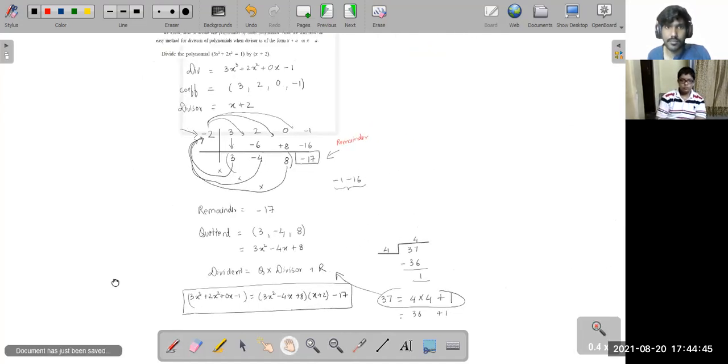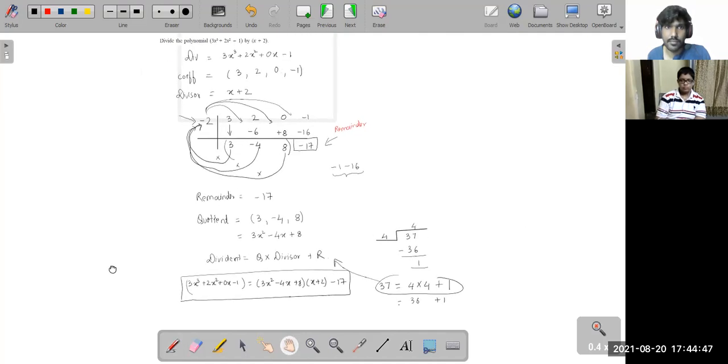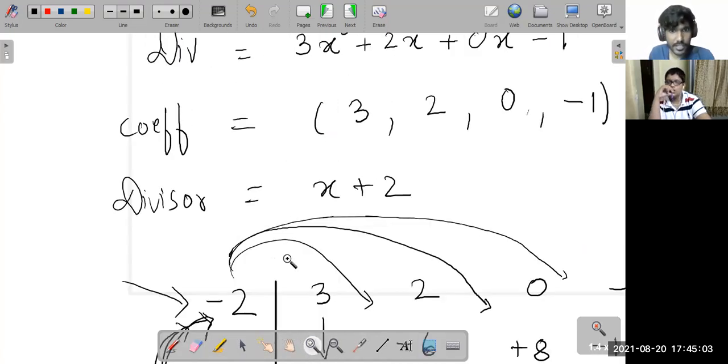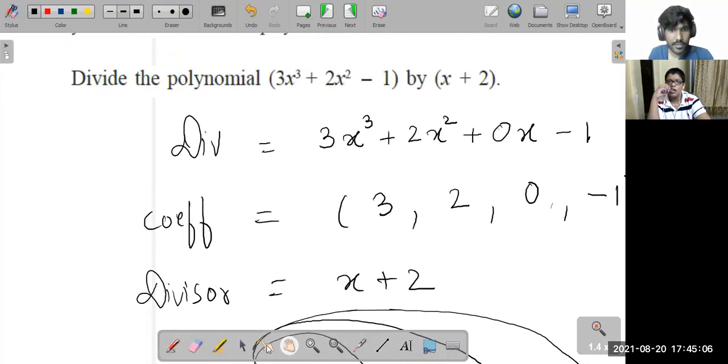Write down this sum. Can you see the entire sum or do you want me to zoom? Understand each and every step and write it down. Okay, one minute. This DIV means dividend.